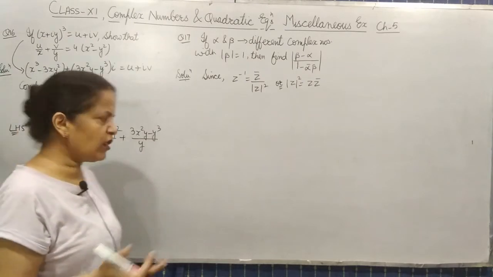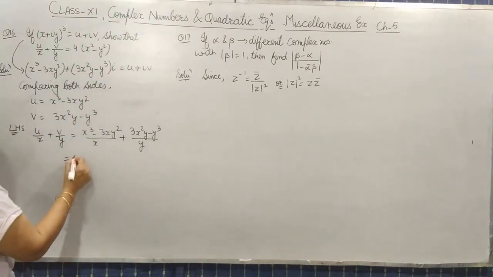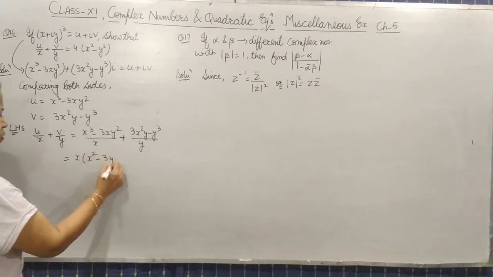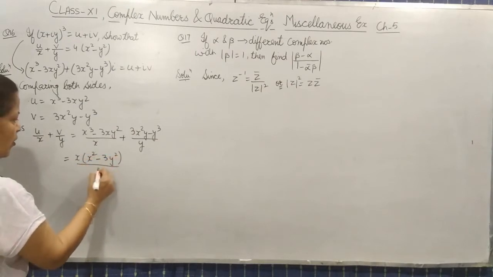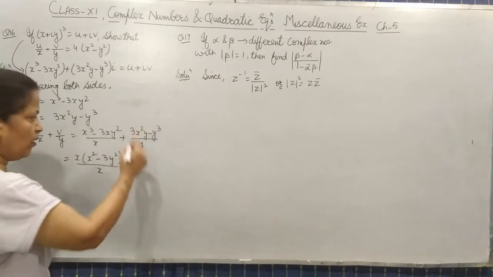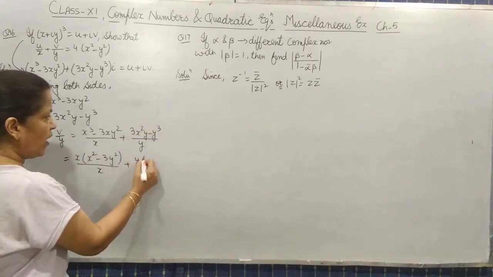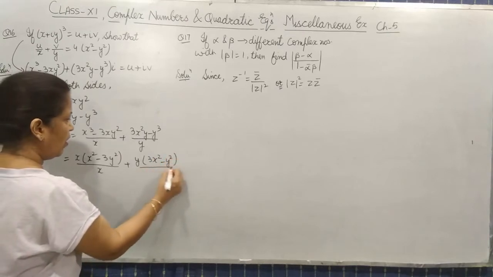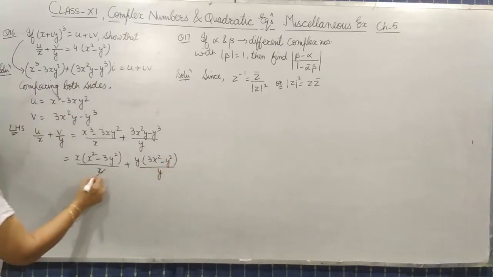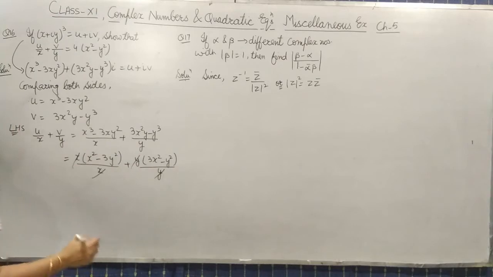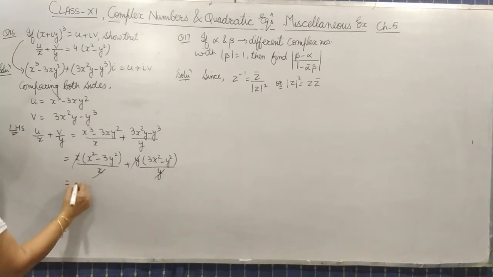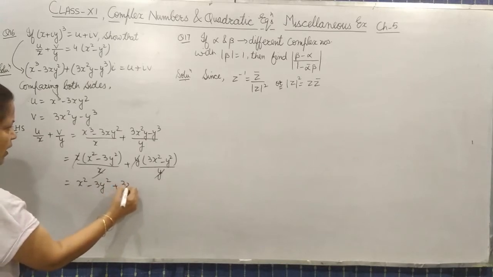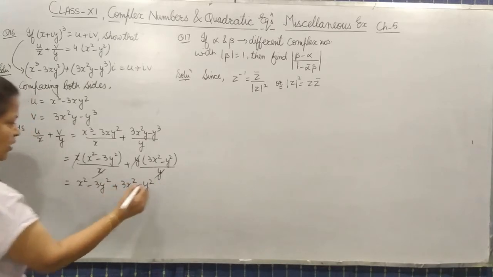If you take x common, it will cancel out. So x square minus 3y square upon x, and from here y is common, so 3x square minus y square upon y. So it will cancel out and the remaining result is x square minus 3y square plus 3x square minus y square.